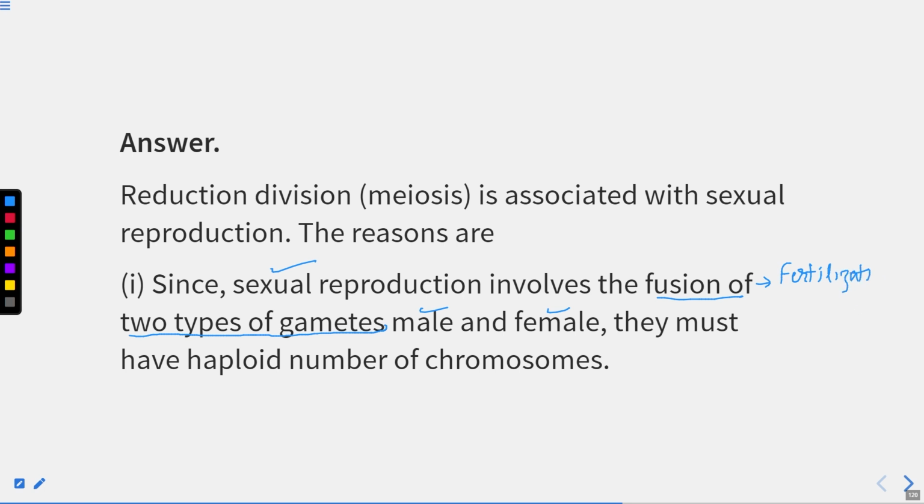So both the male and the female gamete fuse together, and this process is known as fertilization. So the male and female gametes must be haploid, and this haploid condition is maintained with the help of the reduction division, which is known as meiosis. So gametes are produced, as I've already told you, by the process of meiosis.